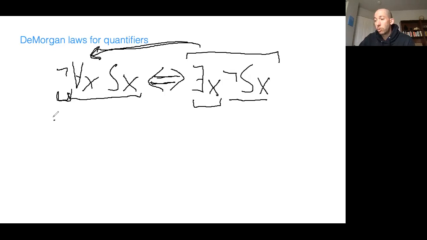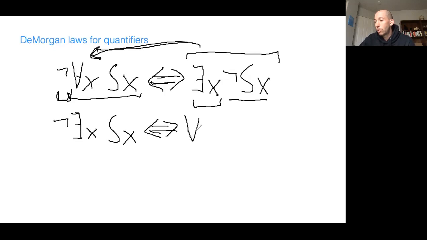You might have guessed that it's going to be really similar, except we swap out the existential and universal quantifiers. Instead of the negation of a universal quantifier, we have the negation of an existentially quantified sentence: it's not the case that there exists an x such that S of x. That's equivalent to the universally quantified sentence that has the negation pushed in.